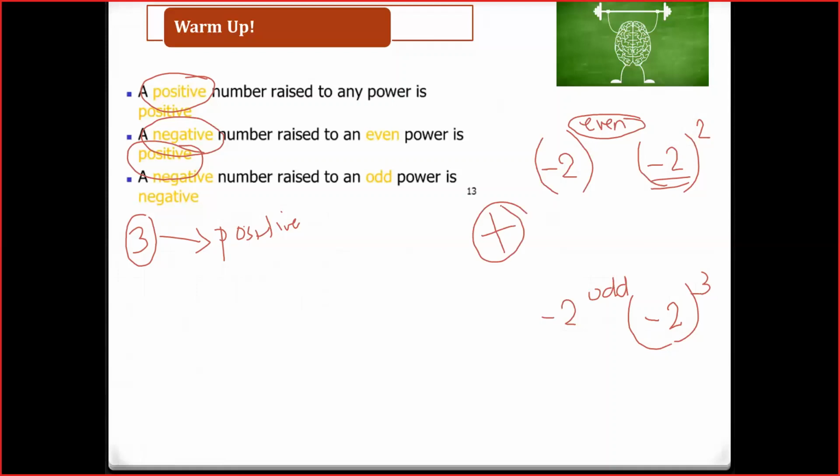Negative 2 squared, what does it mean? It means negative 2 multiplied by negative 2. Then negative multiplied by negative is positive. And 2 multiplied by 2 is 4. So this one is 4. So if we have negative 2 to a power and the power is even, the answer must be positive.